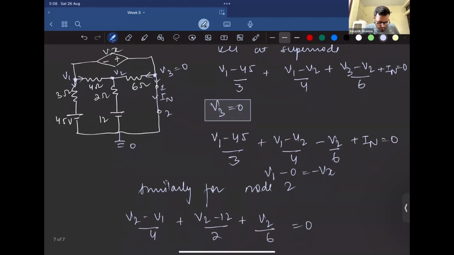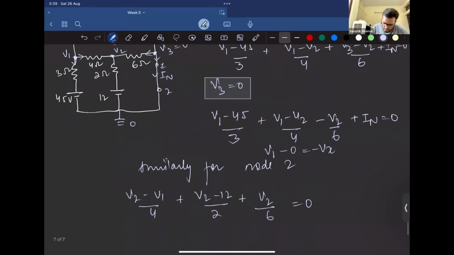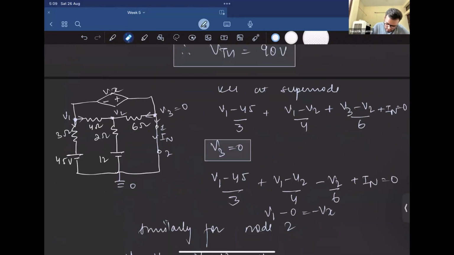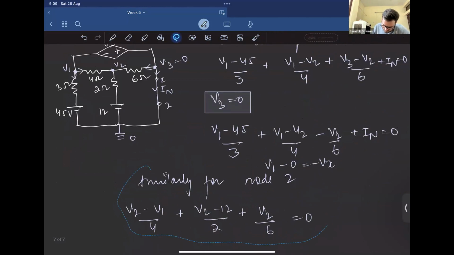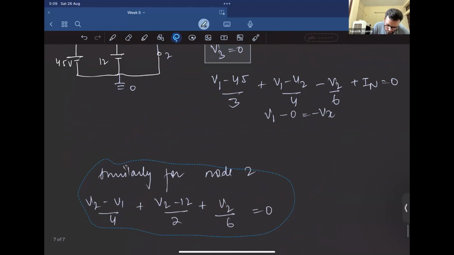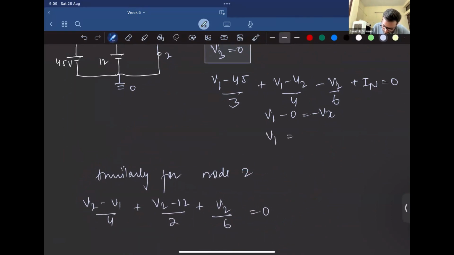One more thing: Vx is nothing but V1 minus 12, right? So equate this. So V1 minus V2 equals 12, right?